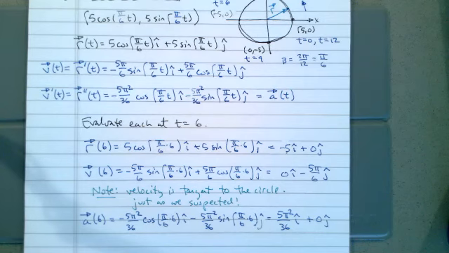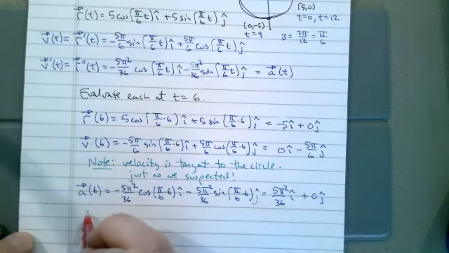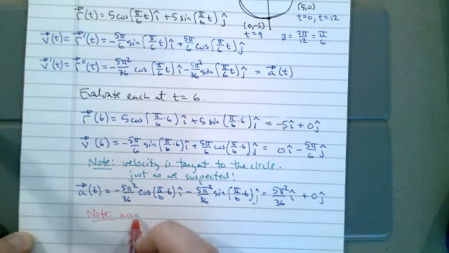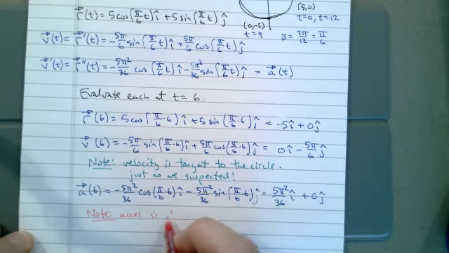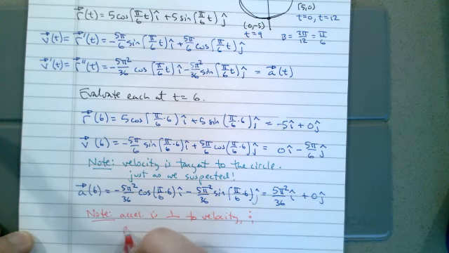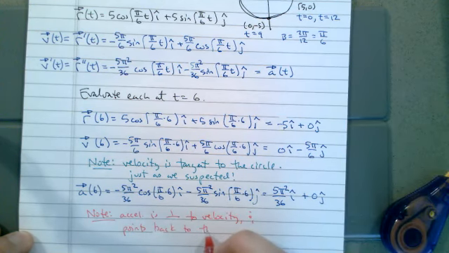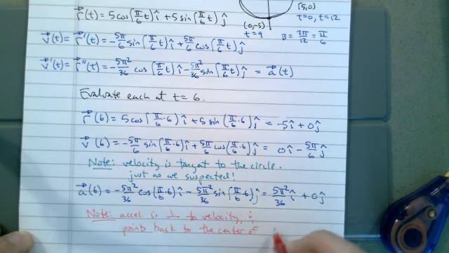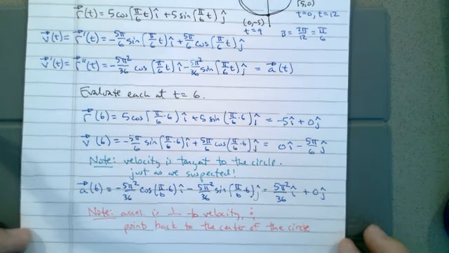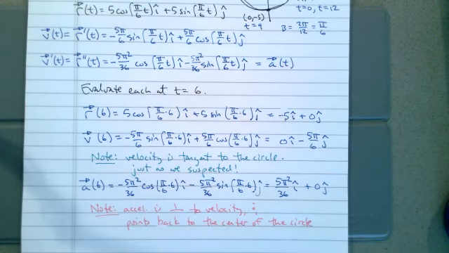So our acceleration is tangent to the velocity and points back towards the center of the circle. And that's what keeps this motion going around the circle.